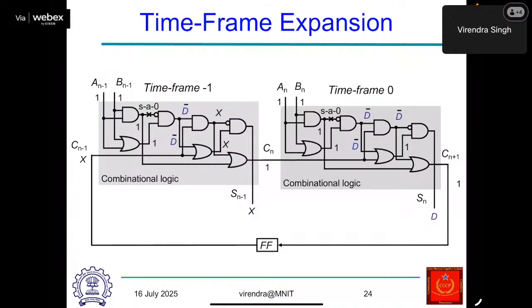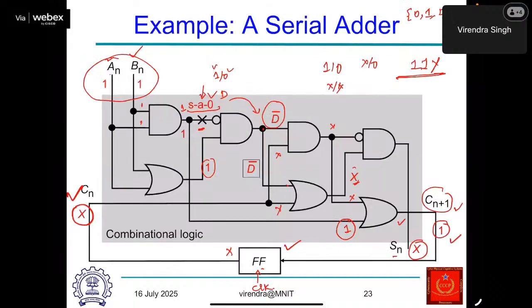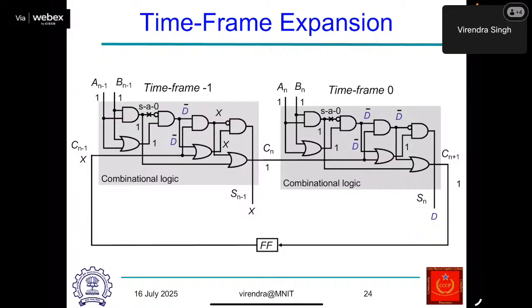Now when a circuit behaves, what happens? You apply some input, it gives you some output, and if it is a sequential circuit, it memorizes the previous input, and then you go ahead. So now I can generate an equivalent combinational circuit. Equivalent combinational circuit means I can make multiple copies of the circuit and connect one after another.